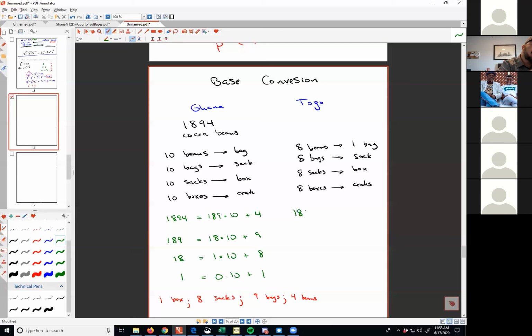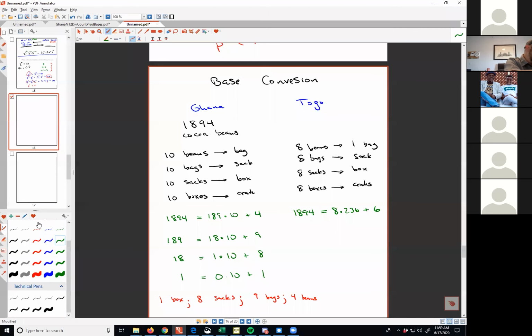Yeah, we need to divide the total number of beans to get the number of bags. What is 8 into 1,894? I think something like 236. Somebody help us check this value. I think we have 6 left over. Yeah, it's 236, remainder 6.